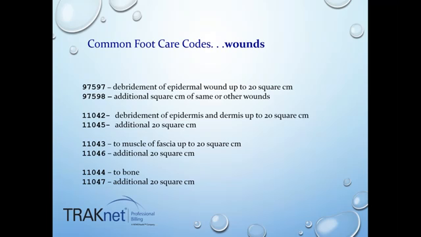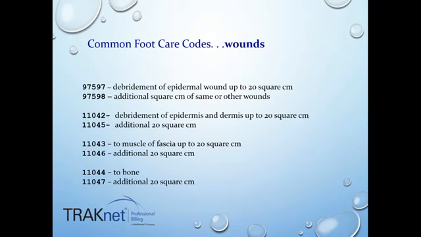If it's up to 20 square centimeters, it's 97597. If you have wounds that total greater than a total of 20 square centimeters, then you would add 97598. That's the additional square centimeters. Now that's just for epidermal wounds.